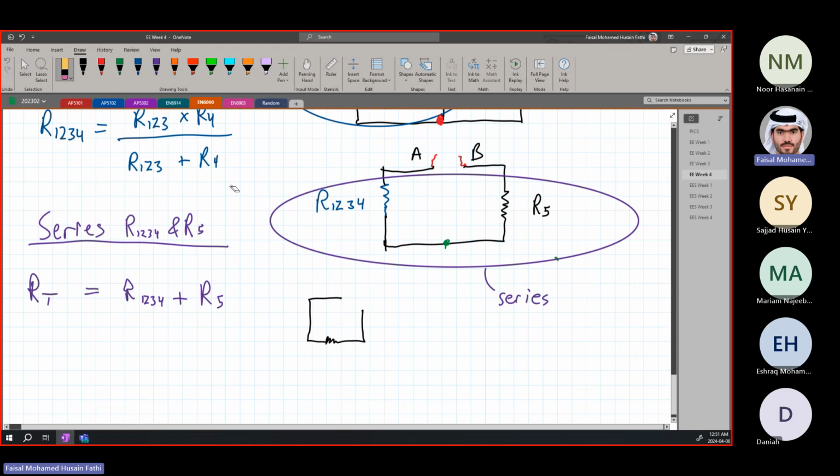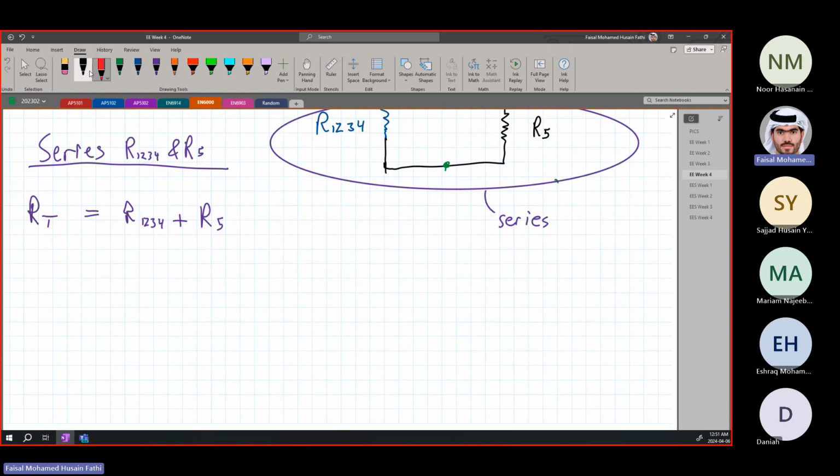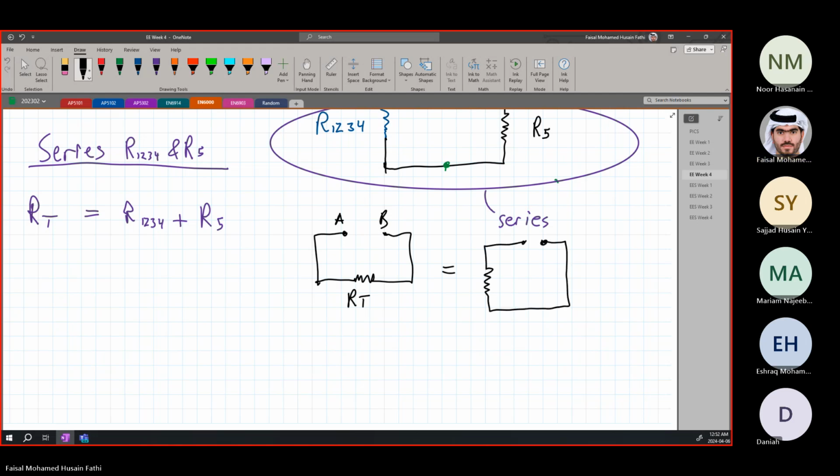We have A, we have B, and we have a resistor, which is R total. A, B. بعد you can draw it this way. It doesn't matter where you put the resistor. A, B, أو تحطون الصوب الثاني, and this is RT. They are all the same. Remember, these are just wires. يعني تطولون wire, تقصرون wire, it doesn't matter at all as long as you're not changing the connections of the wires. تمام? And that's basically it for reduction.